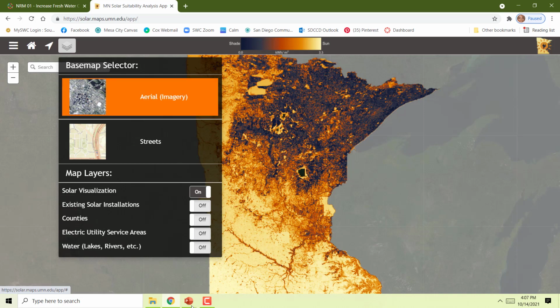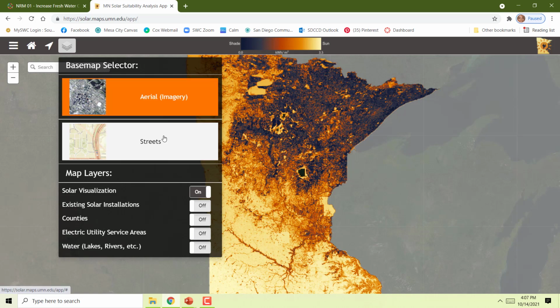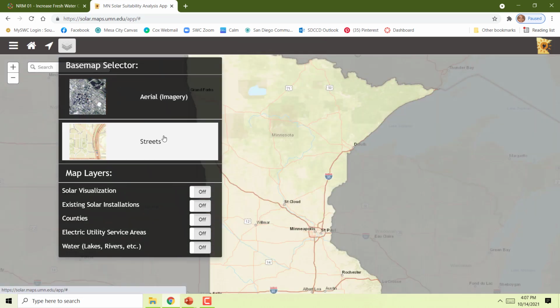and I want to go in and show you the map layers. You can look at aerial imagery, or you could look at a street map. You can change that base map if you want.